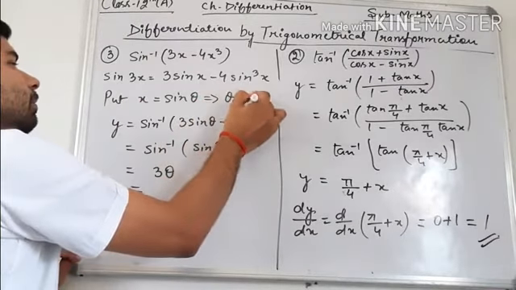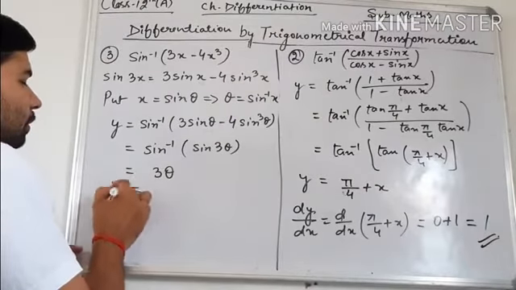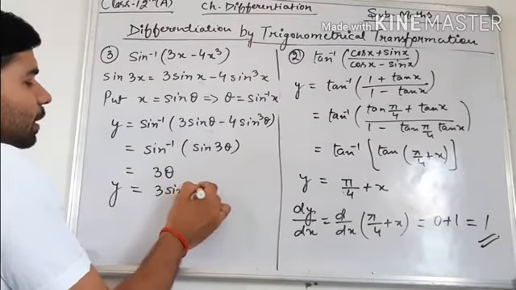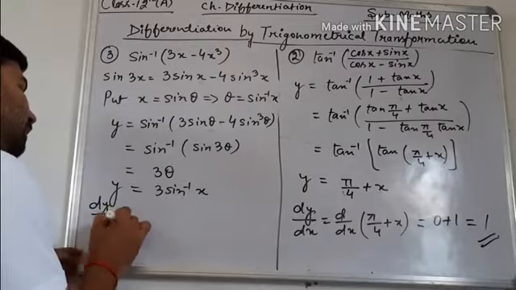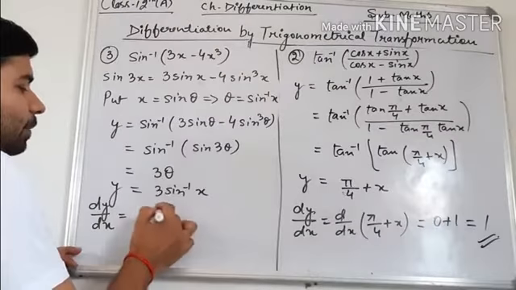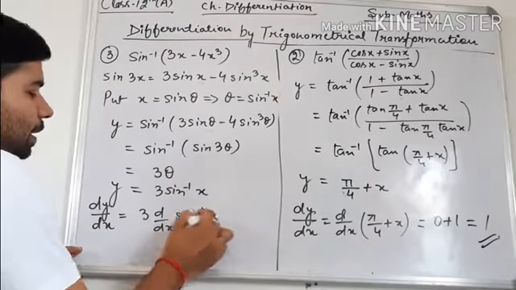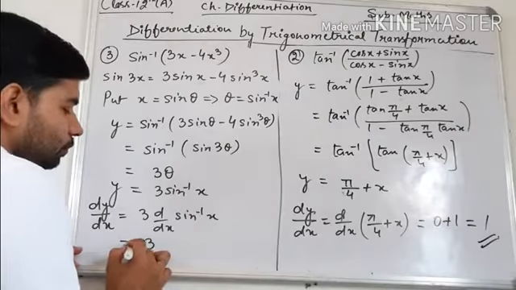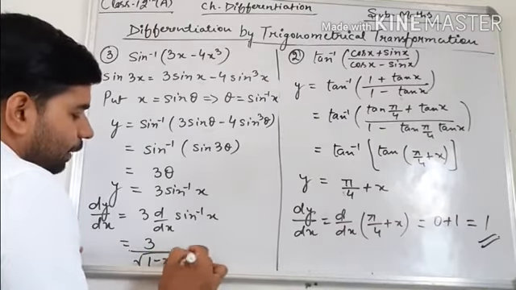Theta is equals to sin inverse x. This implies y is equals to 3 sin inverse x. Now differentiate the function: dy over dx is equals to 3 times d over dx sin inverse x, and the differentiation of sin inverse x is 1 upon under root 1 minus x square.